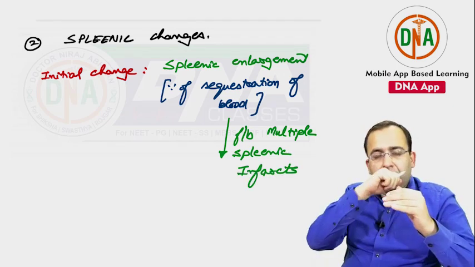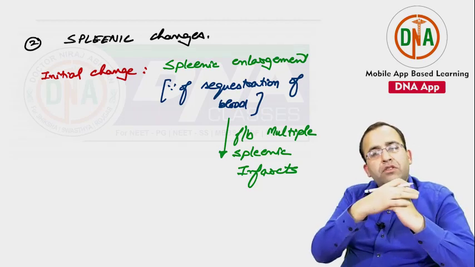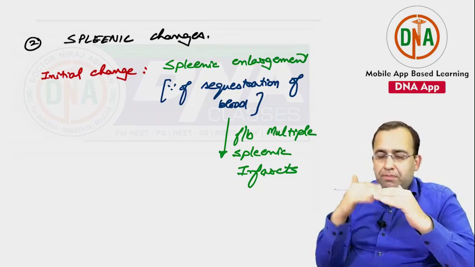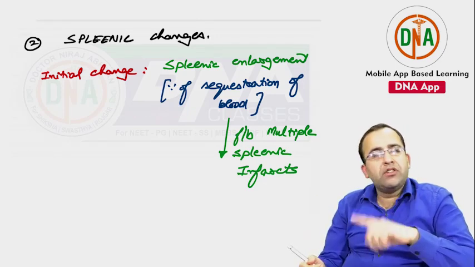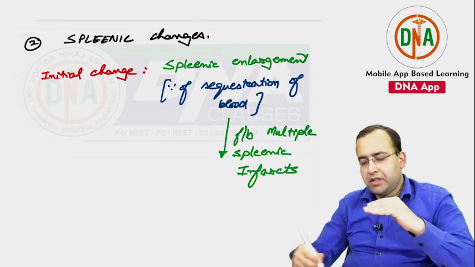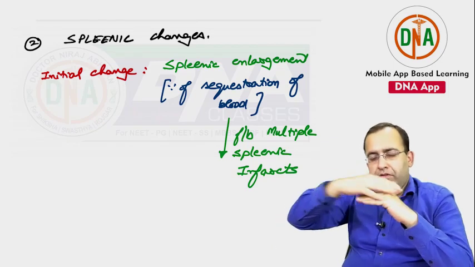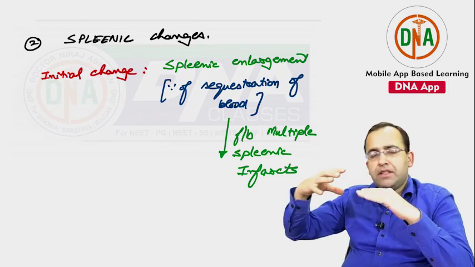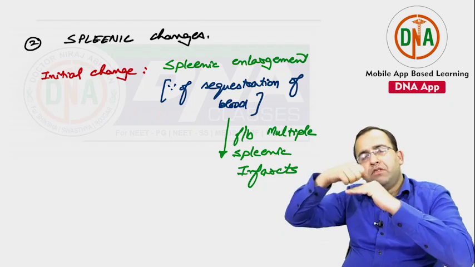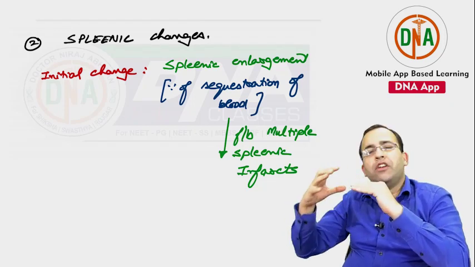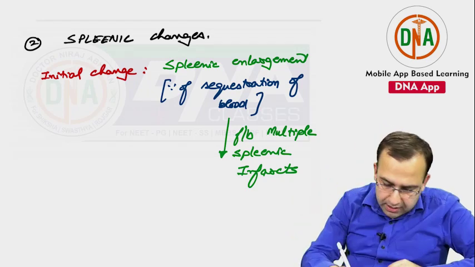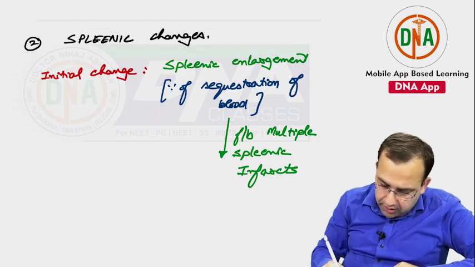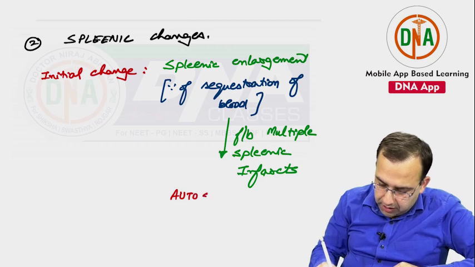Think of it yourself. Spleen is an end arterial circulation. We saw that in general path. So if this vessel is supplying this area of the spleen and there is vaso-occlusion here, this area of the spleen becomes ischemic, followed by multiple splenic infarcts, in turn leading to autosplenectomy.